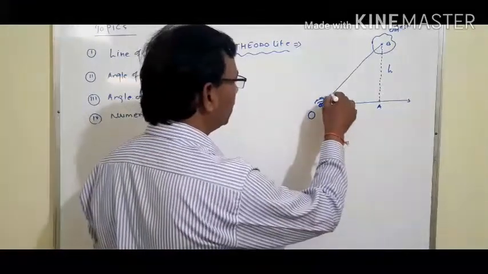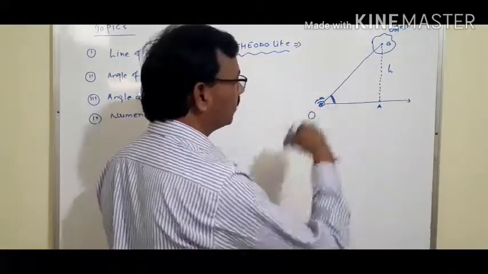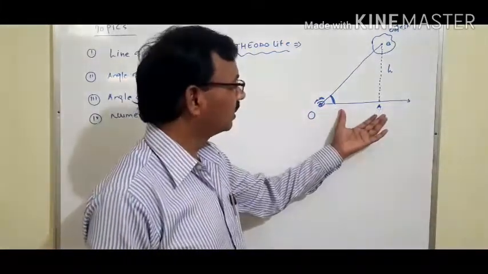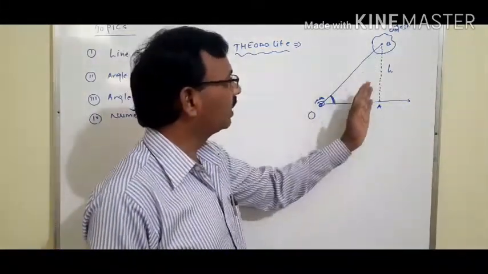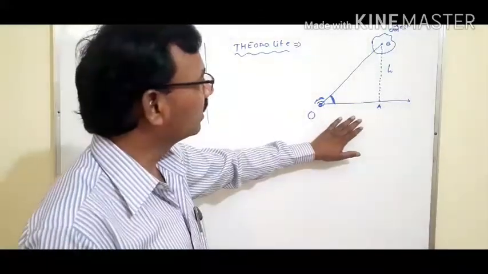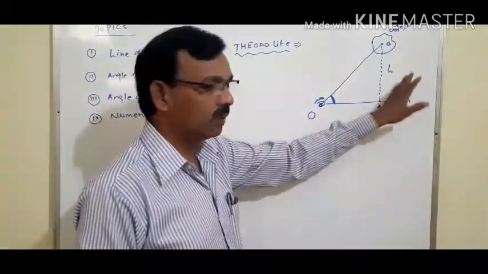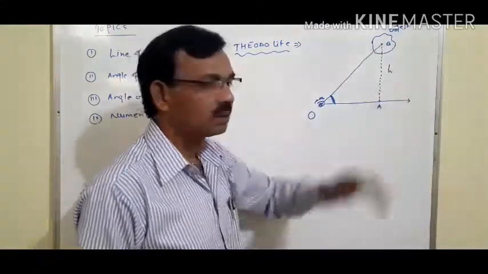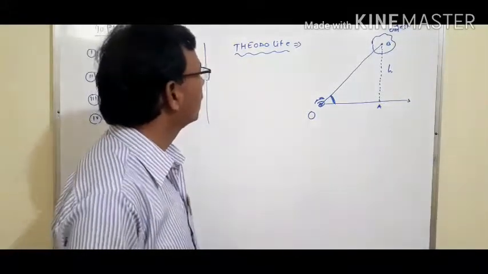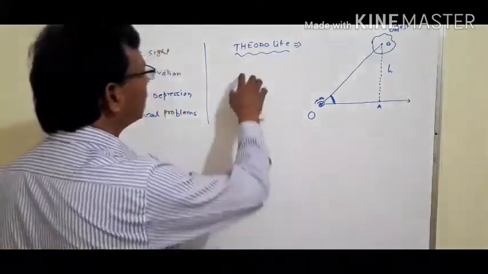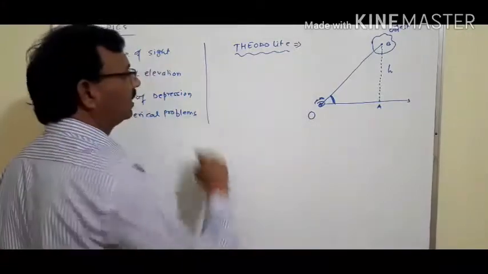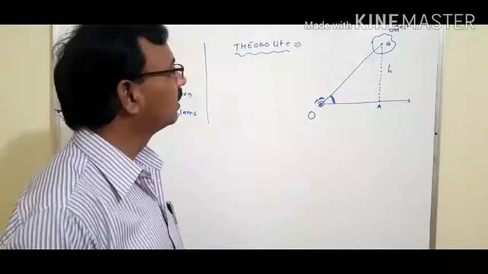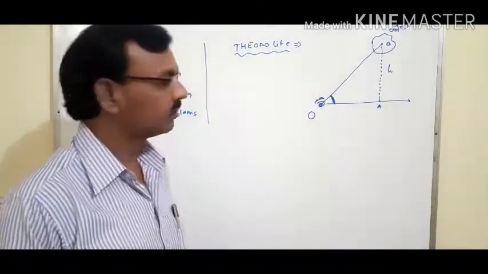When we find the value of this angle, then we apply the trigonometric ratios, and with the help of this we can find the value of h, which is the height of this object from the horizontal line. This is possible with the help of theodolite, which is a device to measure the angle of any object.